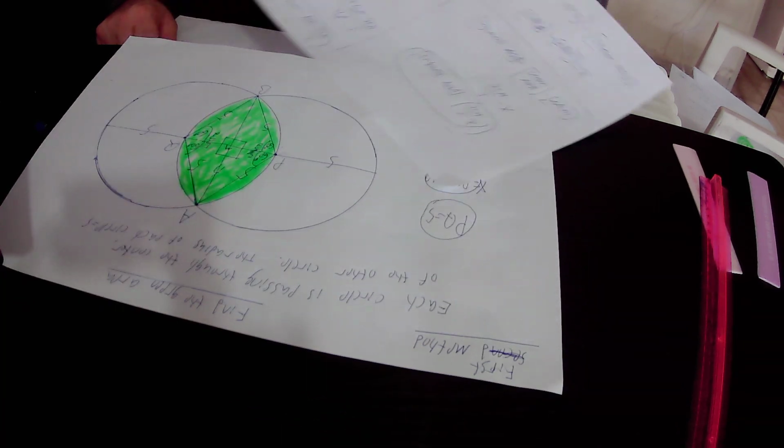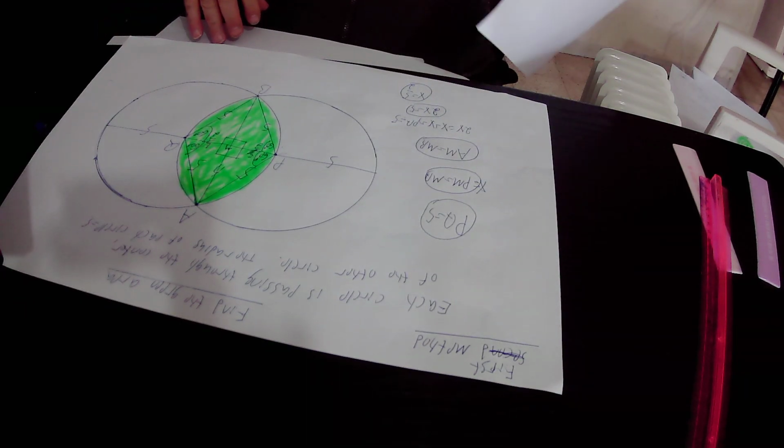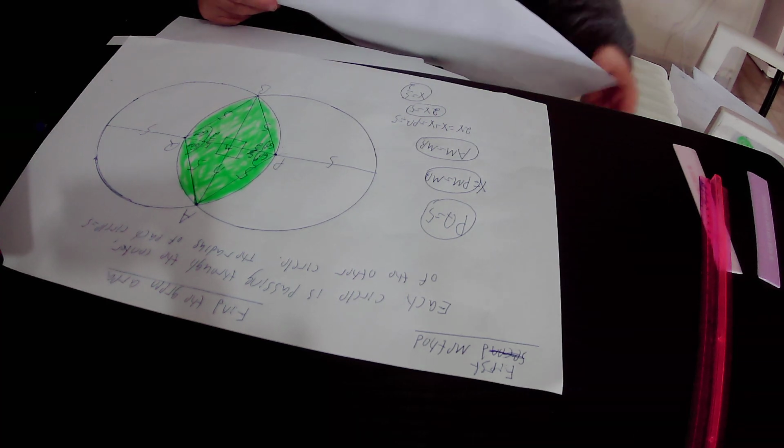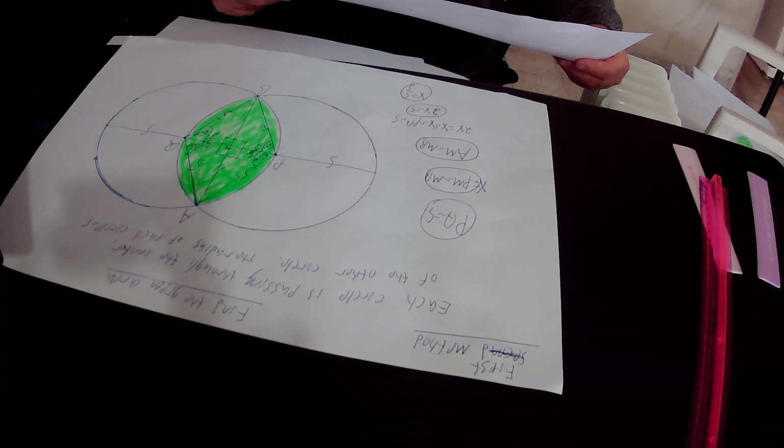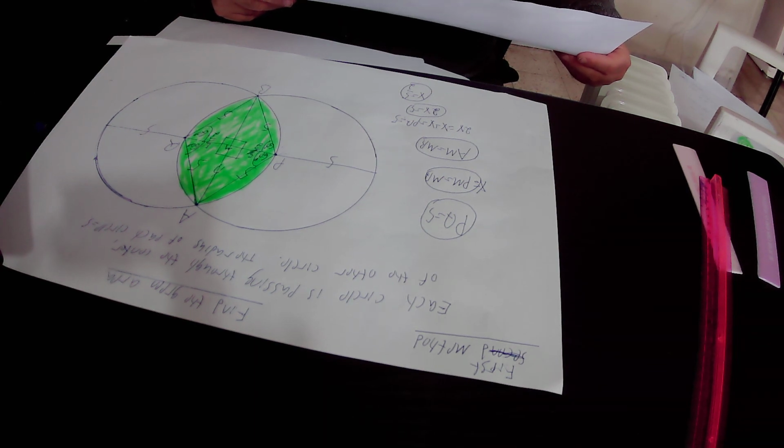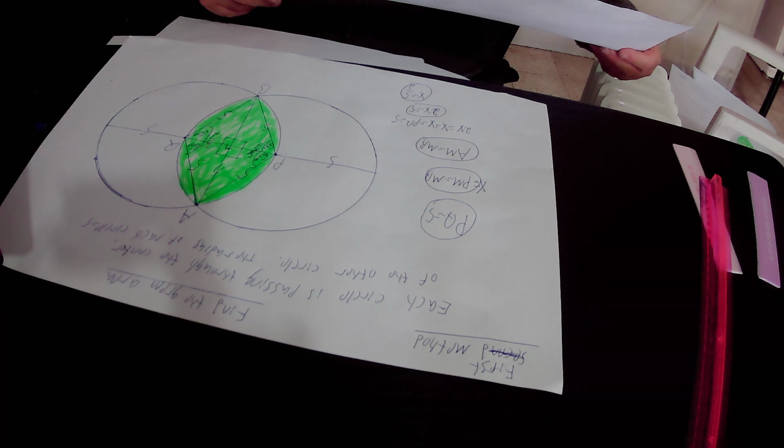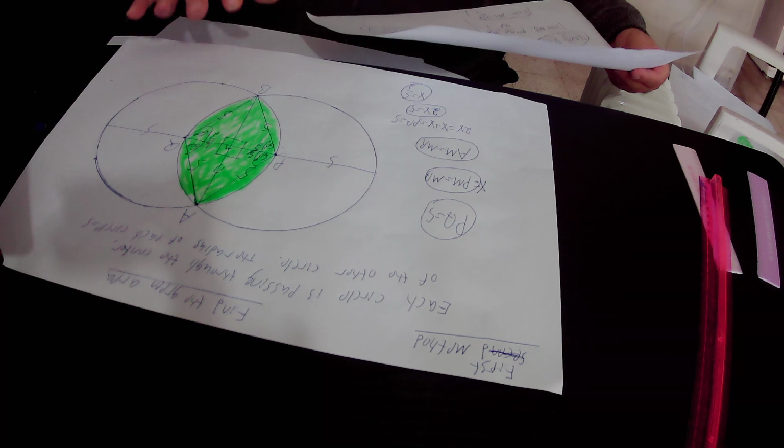And then we have triangle APB. So sector APB equals to sector AQB.